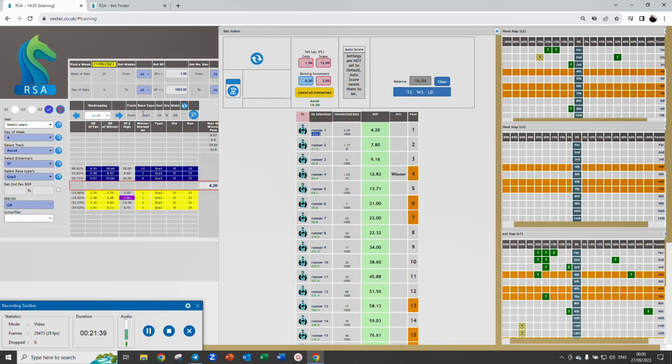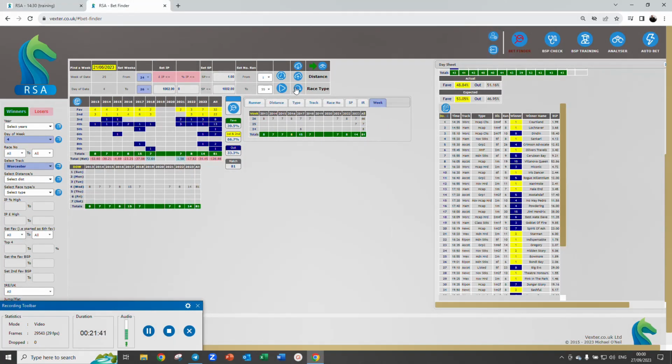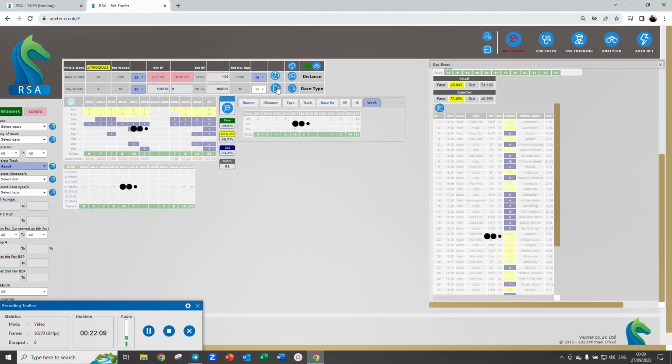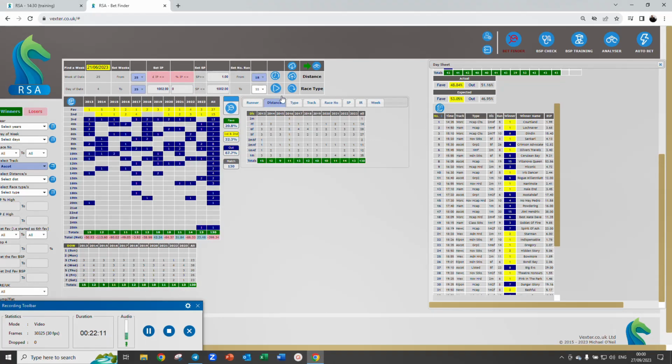What for these I recommend you do is go into BetFinder, go to Ascot, day 25, week 25 rather, and big fields 18 plus, and have a look what's happened in there, and what sort of race is it.